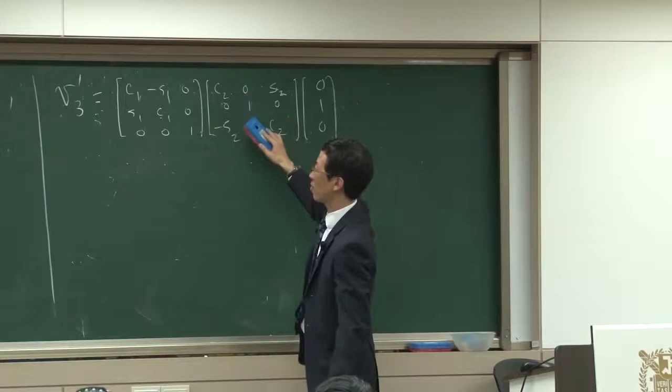Okay, S4 prime. Okay, omega 4 prime is what? Direction of joint axis 4. Same as 3 prime.